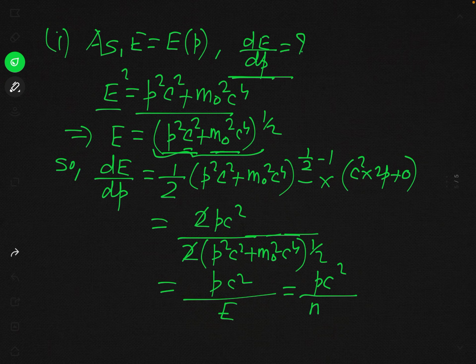And you have studied in the previous lecture, or you know from the famous Einstein's mass energy equivalence relation, that this total energy E is equal to mc square. E is equal to mc square. So you can see this c square will now cancel out, and our result is p by m. And you also know that momentum of this particle will be mv, and this is m, so m will also cancel out.